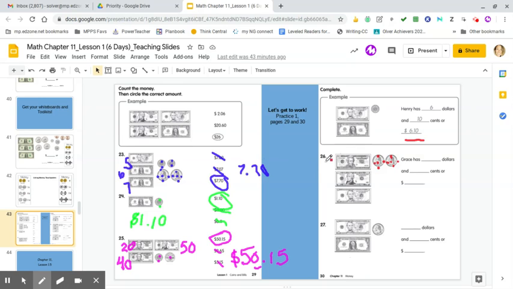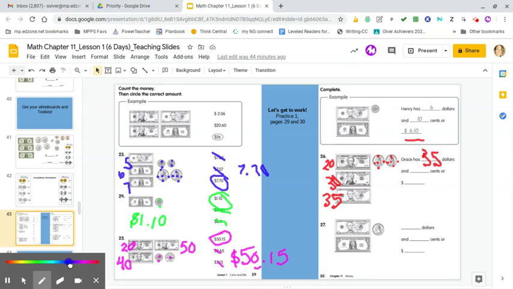All right, if you said that this is a $20 bill, plus 10 equals 30, plus 5 equals 35, then you got $35 over here. So we put in the blank, we put $35. And then we count our cents. 5, 10, 15, 20, 25, 30, 35, 40, 45, 50.